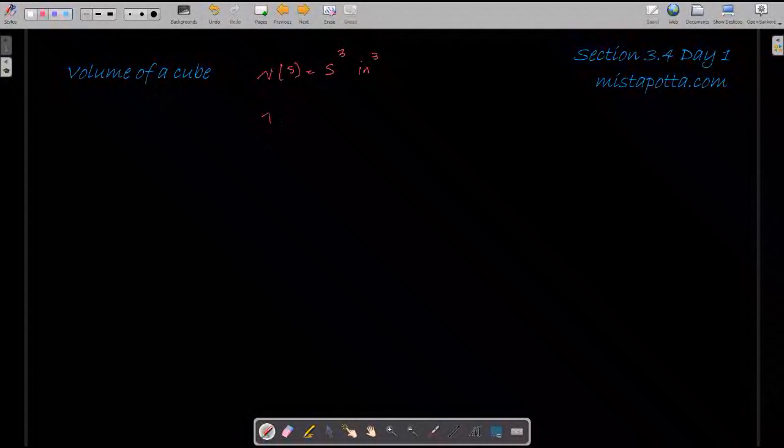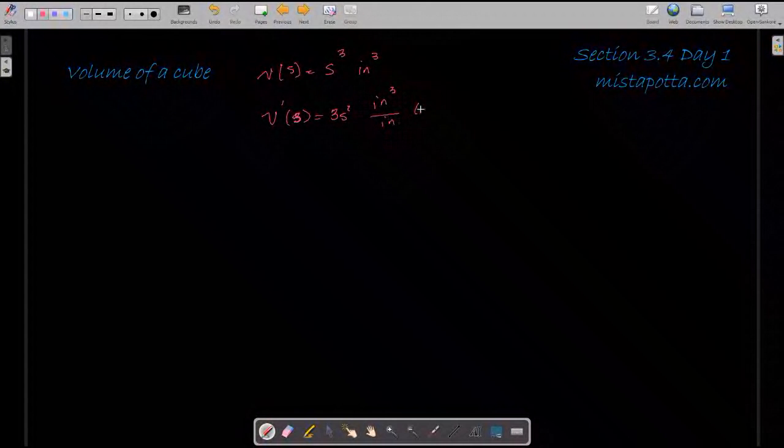But if I look at the rate of change of volume, the derivative of this would be 3s squared. And because I'm talking about the rate of change, this is inches cubed per inch.